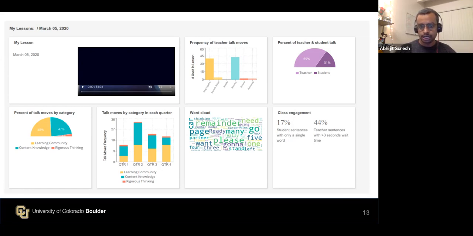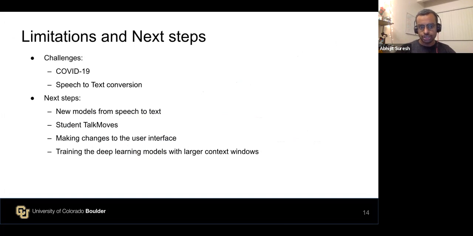We are still working to improve this and provide more types of feedback, such as trends across different classrooms for individual teachers. To talk about the challenges, limitations, and next steps: due to the COVID-19 pandemic, we had some difficulties with the data collection process since all the classrooms went online.